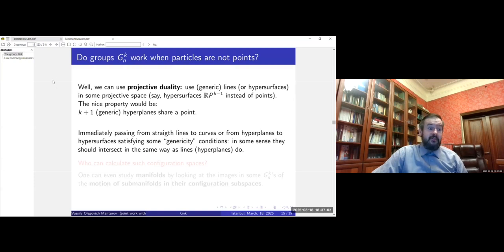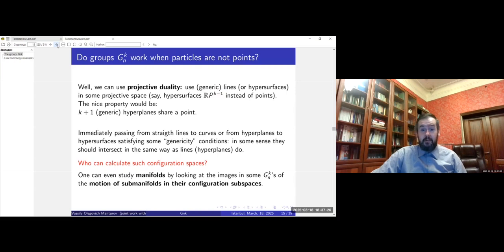And curves form an infinite dimensional space, but there is still some codimension one property, and we can study those infinite dimensional spaces by GNK. And actually, it works for RP^(k-1) when we consider hyperplanes, and we can even study some submanifolds inside manifolds and many other things, and it's written in my book.